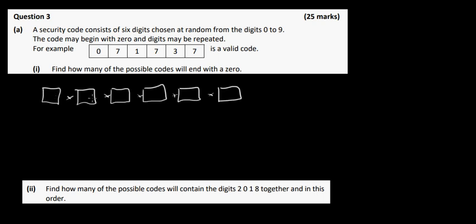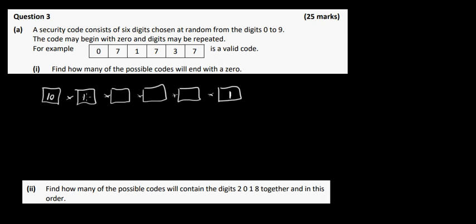Well, here I have 1, 2, 3, 4, 5, 6 of our boxes here, and we know that we must end in 0. So our last digit must be 0. So there is only one possibility for our last digit. So what about our first digit then? Well, we can repeat digits, so we have 10 possibilities for our first one.